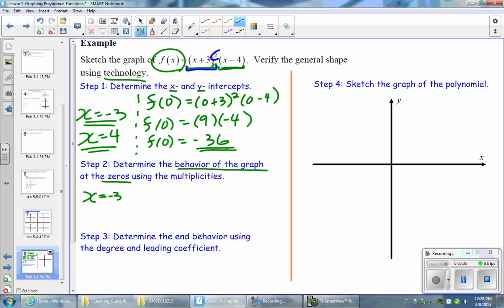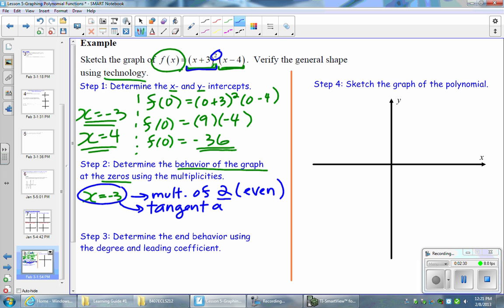This squared means that this zero has a multiplicity of 2. Since it has a multiplicity of 2, which is also an even number, we know at this zero, x is equal to -3, it is tangent at that point. So tangent at x is equal to -3.